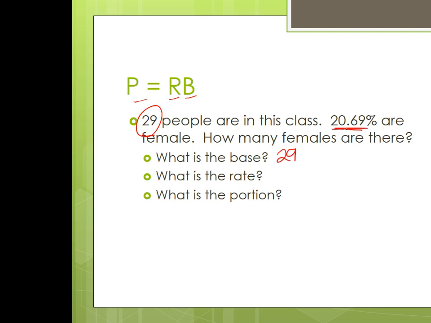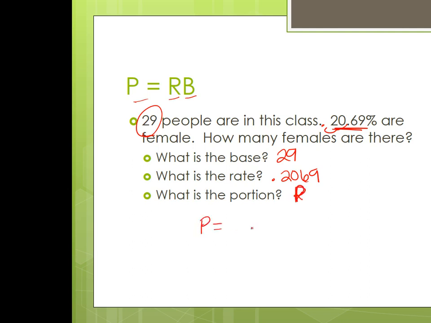The rate is the percent, so I need to move that over twice to become a decimal, so 0.2069. Now, just because there's a decimal in here doesn't mean it's the decimal version, right? If there's a percent symbol, you still have to move the decimal over. And then the portion, that's what I'm trying to find. So I'm going to call that x. Or you can leave it as p.